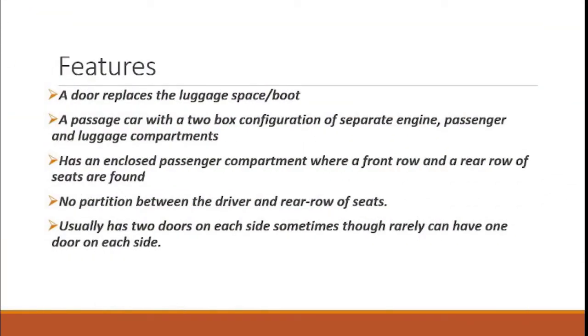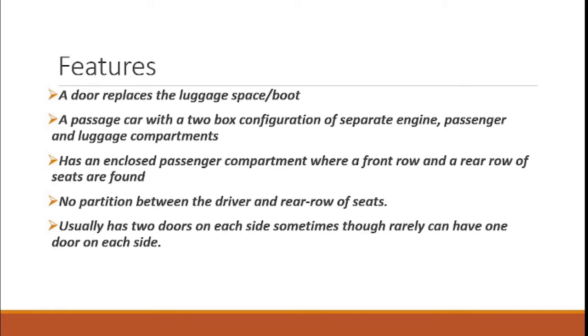What are the identifiers of a hatchback? Well, a hatchback will have a hatch door that replaces the luggage space or the boot. It is a passenger car with a two-box configuration of separate engine and passenger compartment.